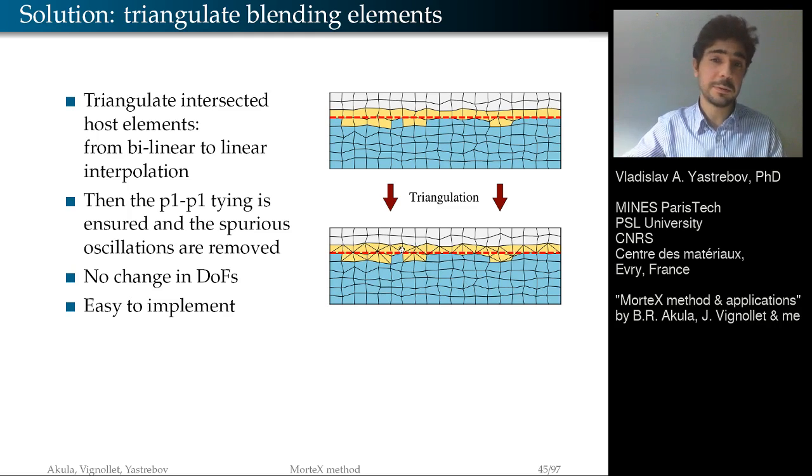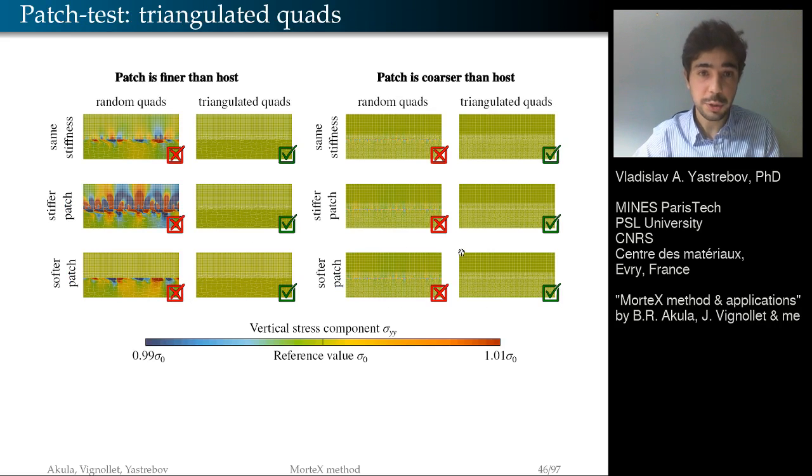So it's easy and it works. I will show here that in all cases, triangulated quads pass the patch test. No effect of spurious oscillations is seen in the triangulated quads.